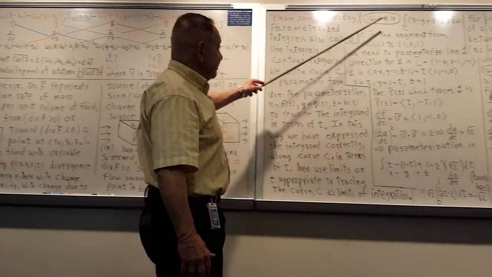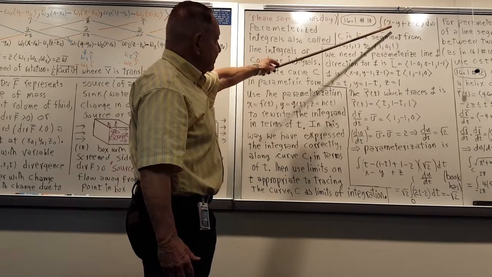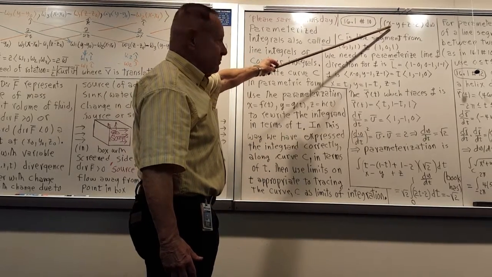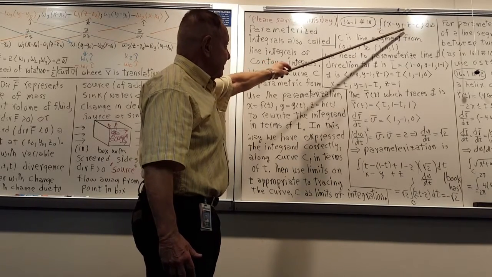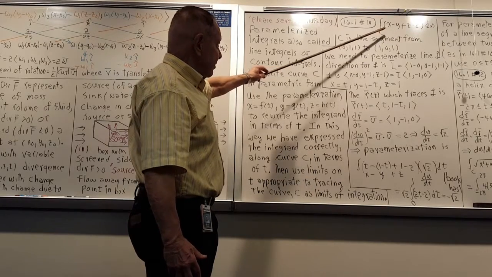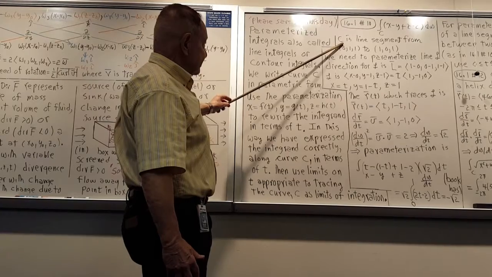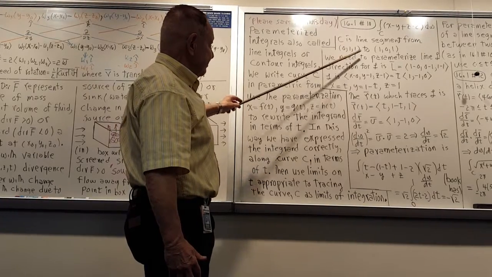So for instance, look at problem 10 in 16.1. What they want us to do is the integral of this scalar function along a curve, which they tell us is a line segment.